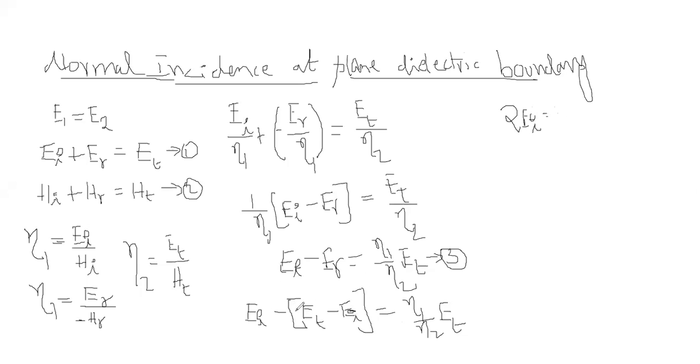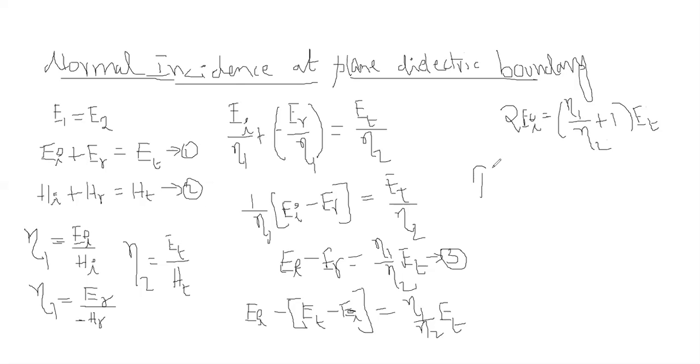Now in the left hand side minus ET, bring that to the right hand side. Eta 1 by eta 2, minus becomes plus 1, whole multiplied into ET. Already in the right hand side, eta 1 by eta 2 into ET, minus ET brought to the right hand side is a plus. Take the common ET.